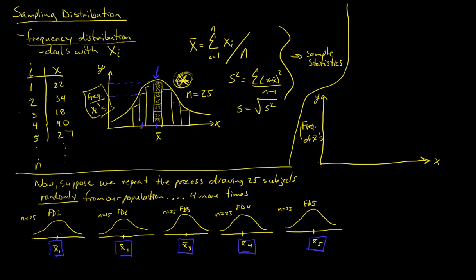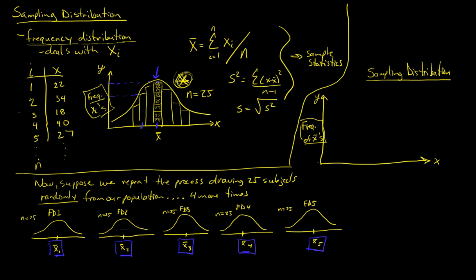Now we're looking at the frequency of x bars, moving over to a sampling distribution. So hopefully in just a second this is going to make more sense to us. Okay, so we've repeated this 5 times.